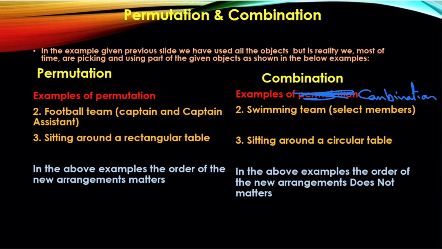Swimmer 1, swimmer 2, swimmer 3, swimmer 4, all of them will be swimmers in the same position, so it doesn't matter. We're not talking about captain or coach or captain assistant. All of them are members. Also, if we are sitting around a circular table, it doesn't matter.